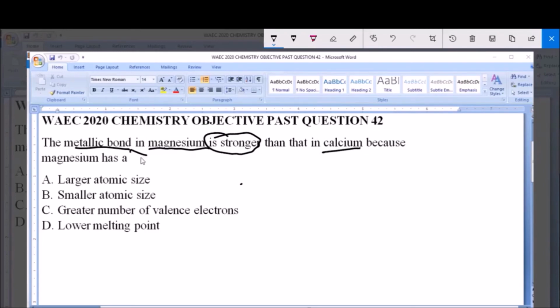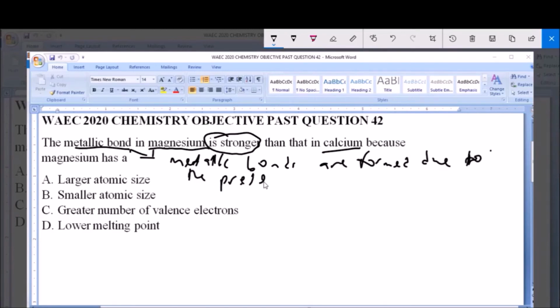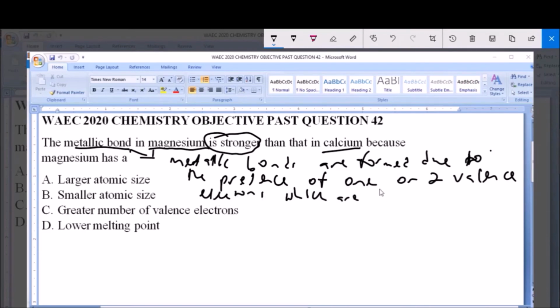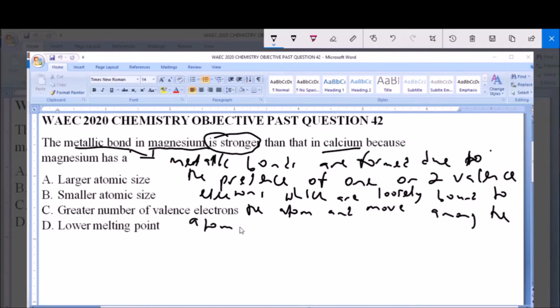So metallic bonds, let's take a look at what they are. Metallic bonds are formed due to the presence of one or two valence electrons which are loosely bound to the atom and move among the other atoms in the metal.